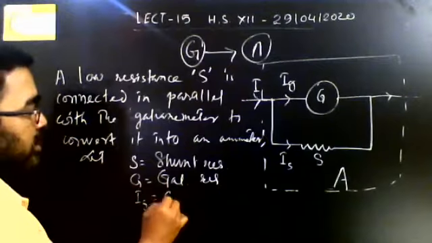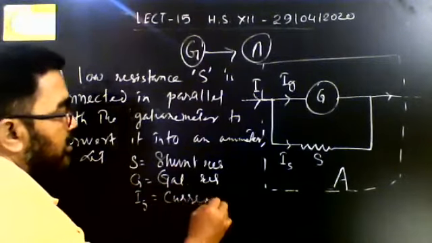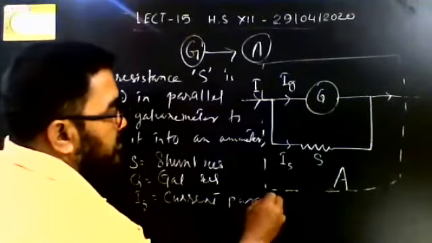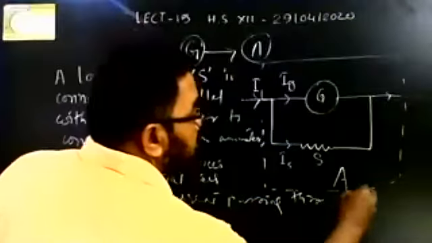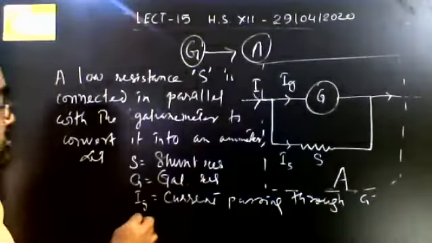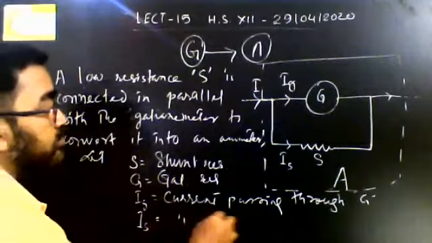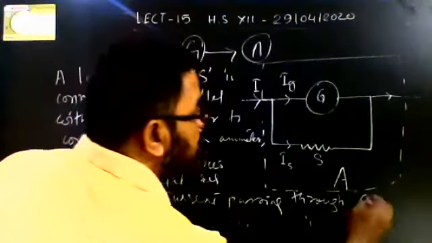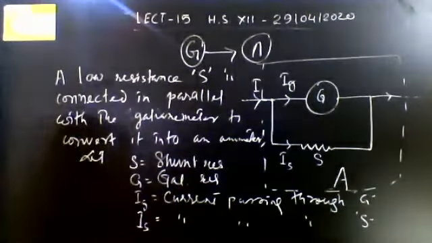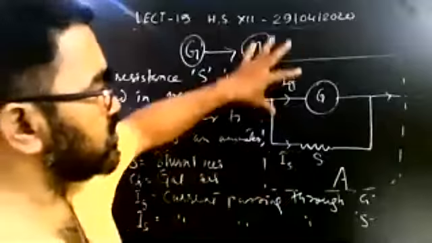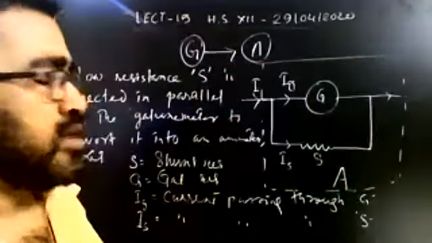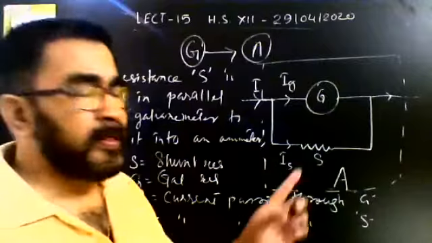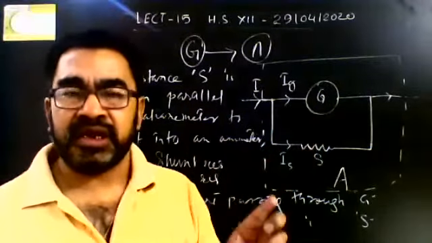Ig is the current passing through G, and Is is the current passing through S. So we are discussing how to convert a galvanometer into an ammeter. An ammeter measures current, but a galvanometer detects current.